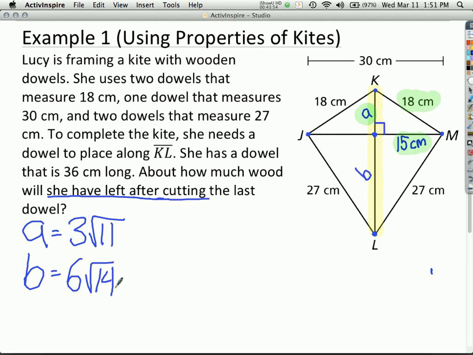Well, since we're talking about actually cutting something, and I can't really use a tape measure with radicals, can we put this in a form that will actually make it so that we can do this? What is 3 radical 11 equal to, Jada? Approximately 9.49. And what about 6 radical 14? What's that approximately equal to? 22.4.